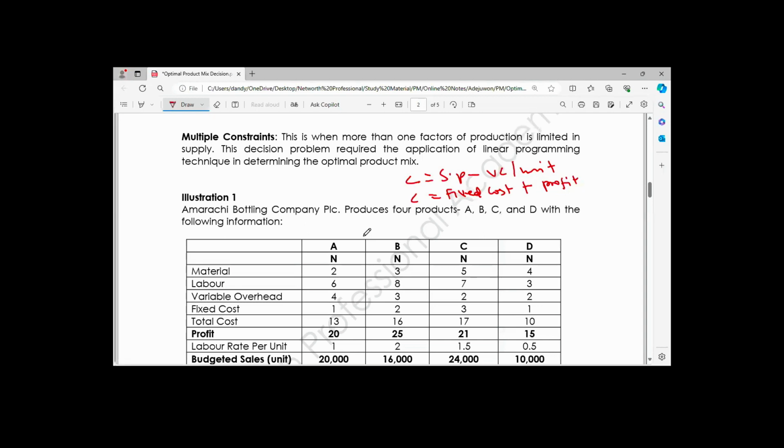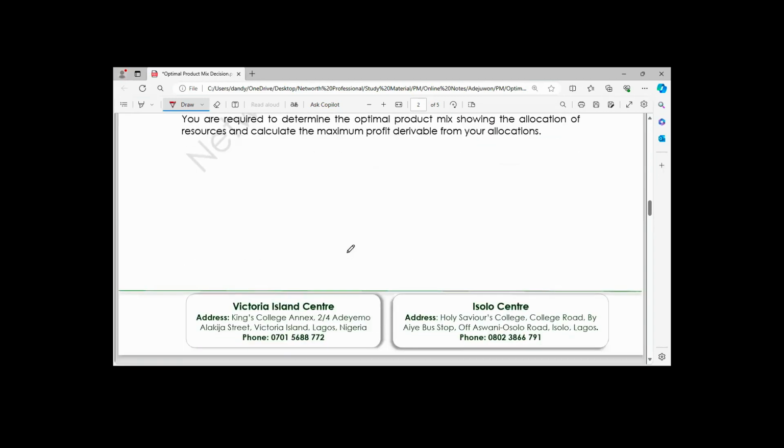The next step is to prepare your allocation table. Okay, let me see if I can find the space. So when you want to prepare your allocation table, there are about 7 columns. Sorry, there are 8 columns which you are going to create. When you want to determine your allocation, I will just say allocation table.